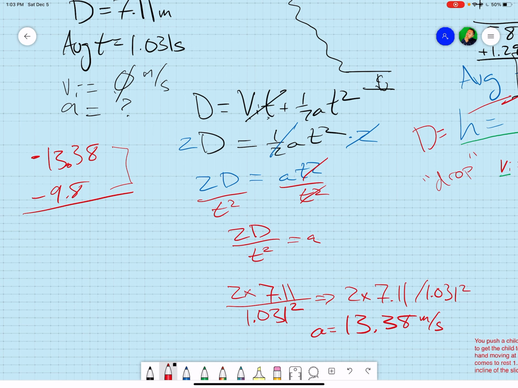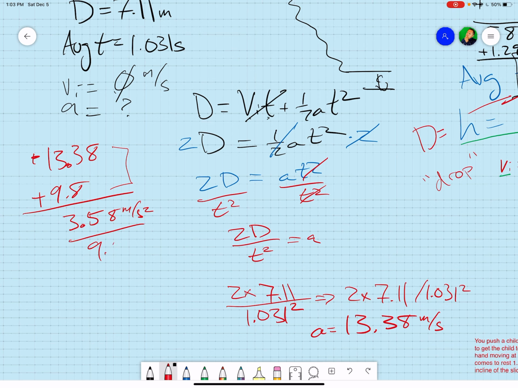So I'm going to ignore the negatives because I don't really care about those. They both cancel out. We both know it's down. So 13.38 minus 9.8 gets me 3.58 meters per second squared that it's different by.